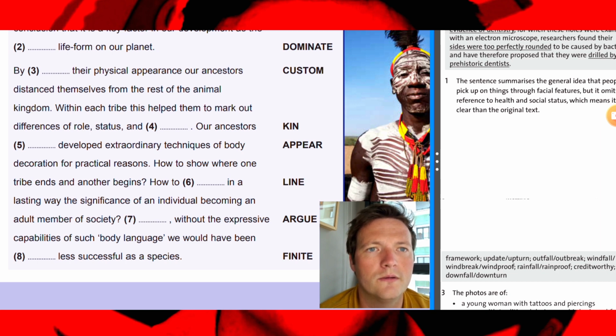Without the expressive capabilities of such body language, we would have been less successful as a species. Now, I think in 7 it's going to be an adverb, right? Would it be arguably?